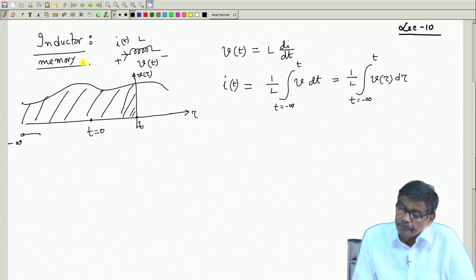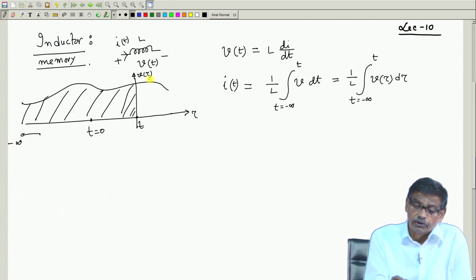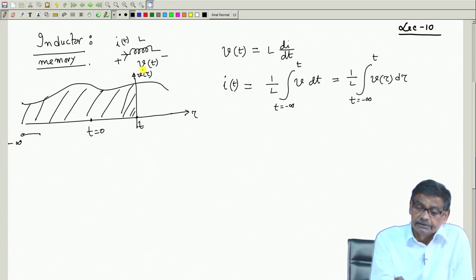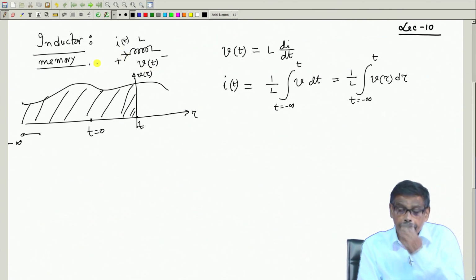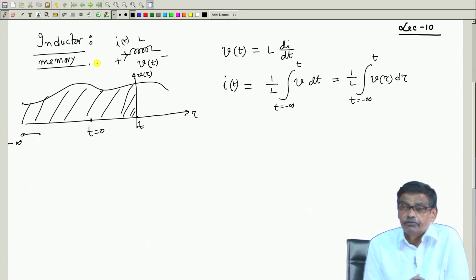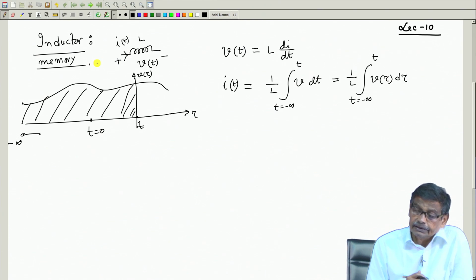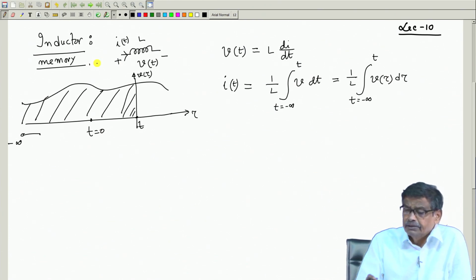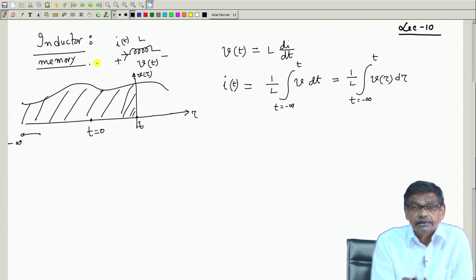Now, this input voltage across the inductor, V t, is the applied voltage, and current is the consequence. These are the relationships in differential form and in integral form. Now, naturally, the question is that to find out the current at time t, you require all the previous voltages.